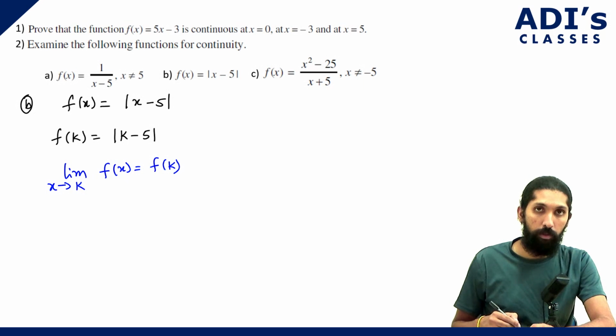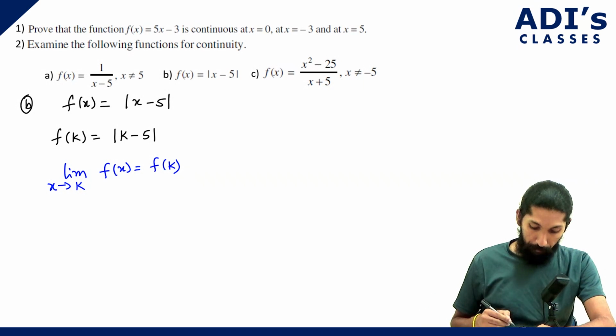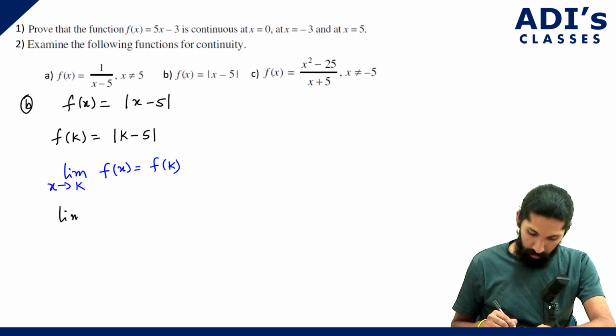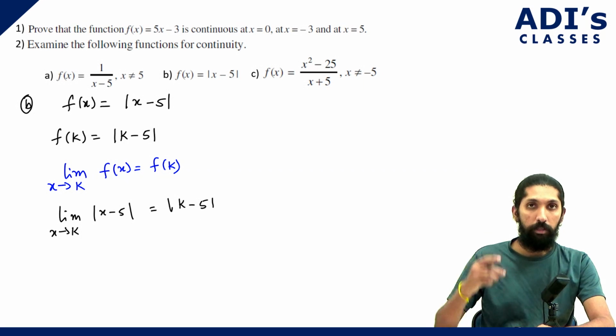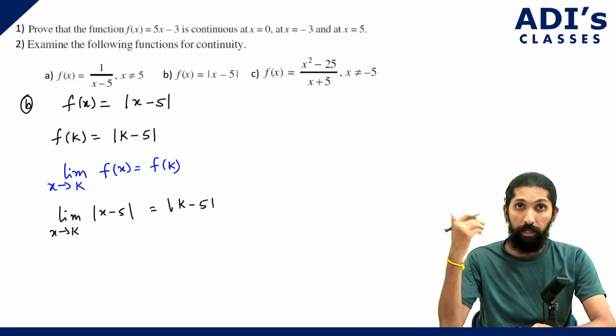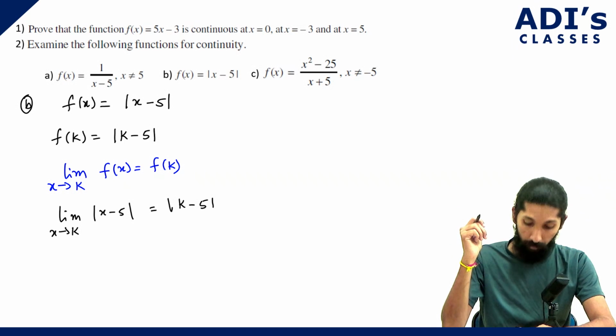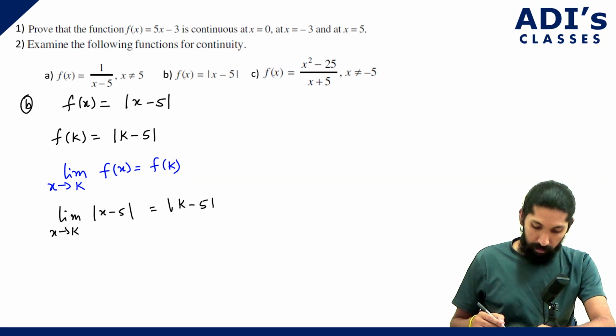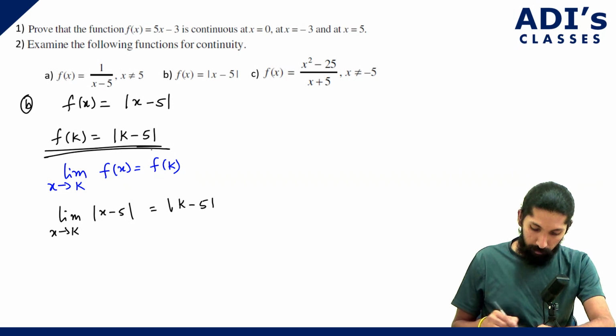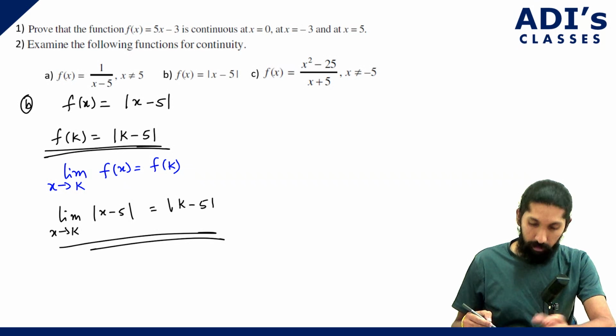This is what we need. Now apply limit as x tending to k, mod of x minus 5. So this will be nothing but mod of k minus 5, because that value of x, we can take as the value of k. Isn't that the same as f of k? So this one and this one are one and the same.